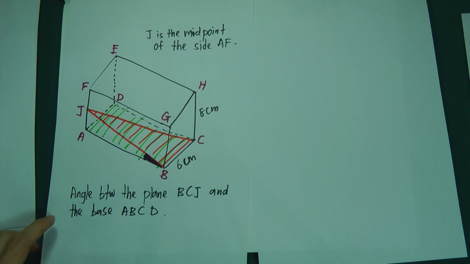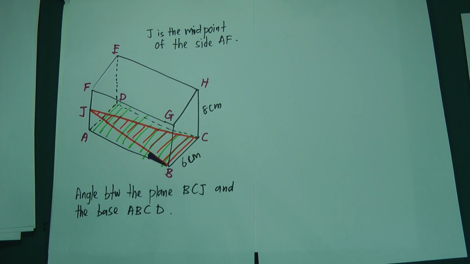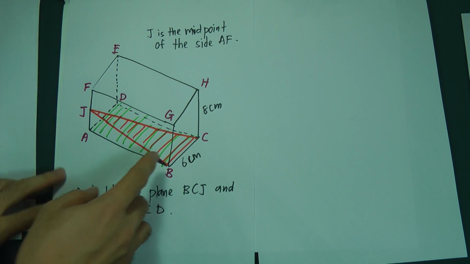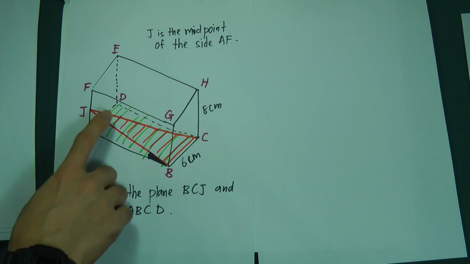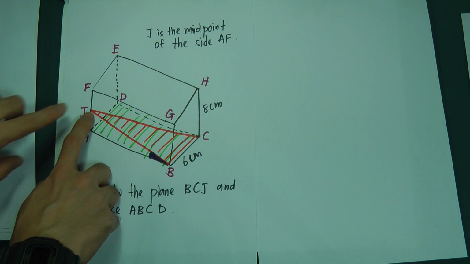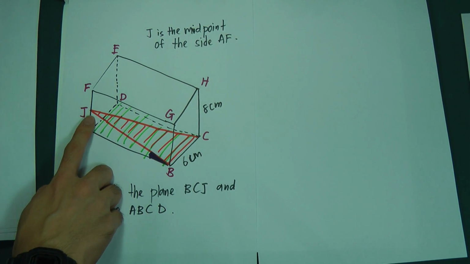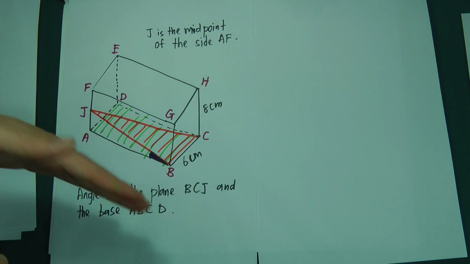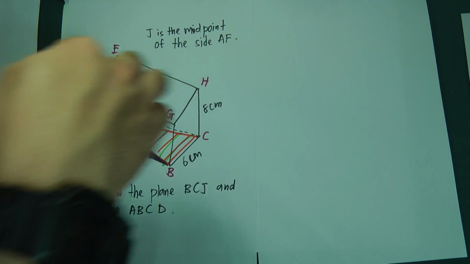So in order to draw out the right triangle, I say you do not take the line which crosses from one side to the other side. Do you see? Actually, J to C crosses from here to another side.